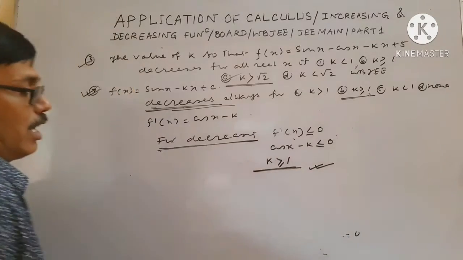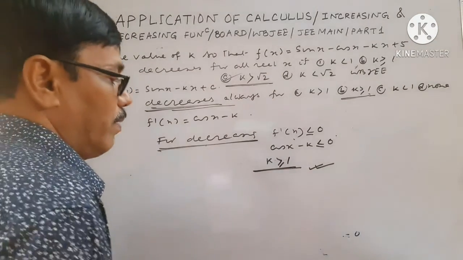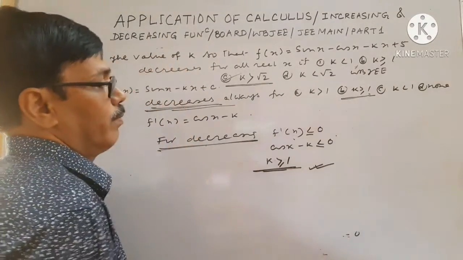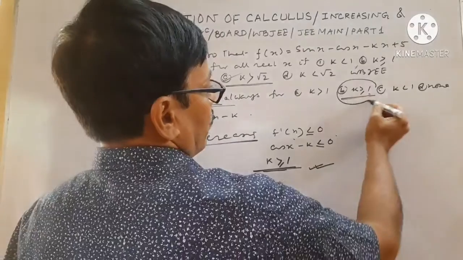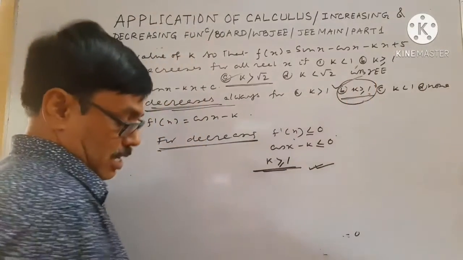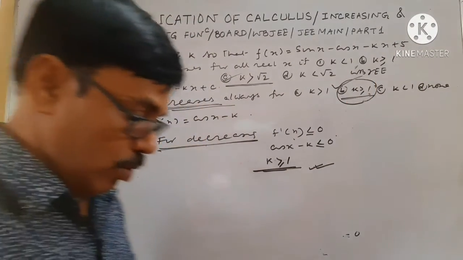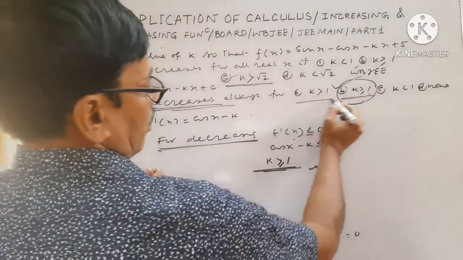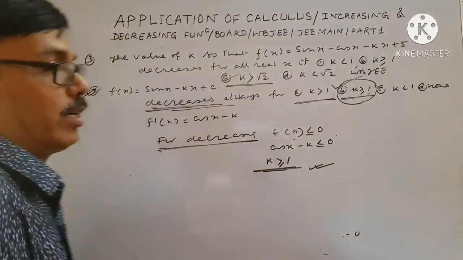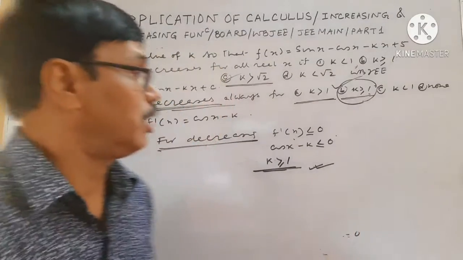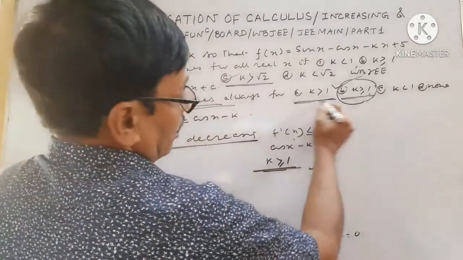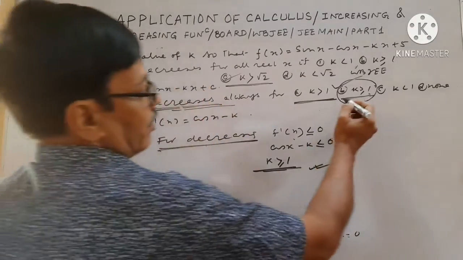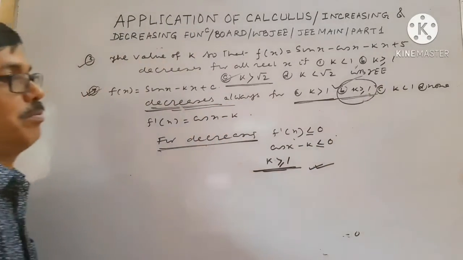So k greater than or equal to 1. So B will be the possible answer if it is decreasing. For strictly decreasing, k will be greater than 1. So you should see the restriction. It is decreasing only. That is why option B.